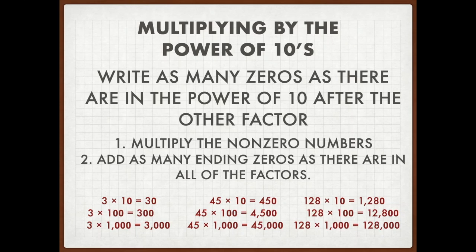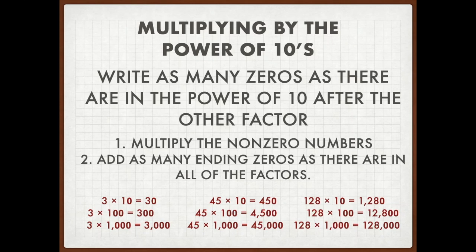And I'm going to do the same thing with the last number, 45 times 1,000, giving me 45,000. And the same thing applies no matter how large the number is. As I have 128 times 10, I multiply 128 times 1, and then add a 0.